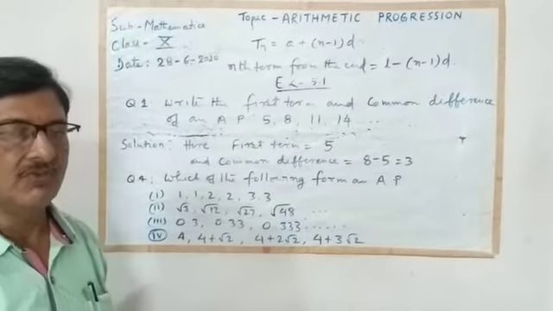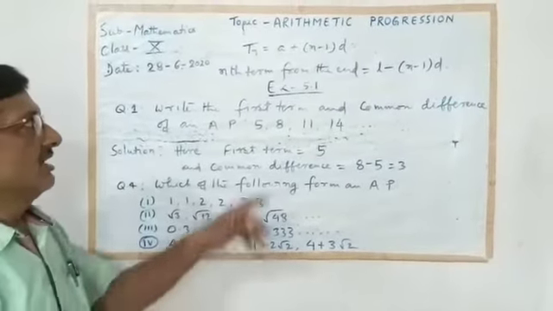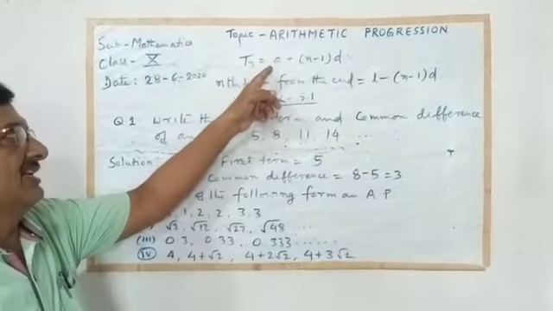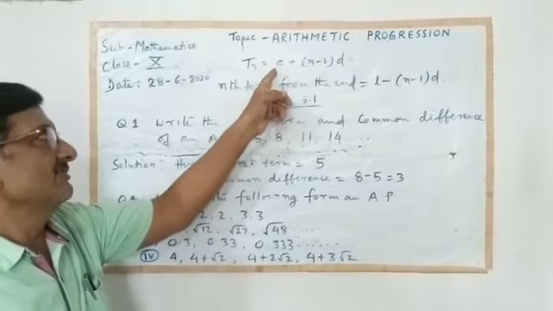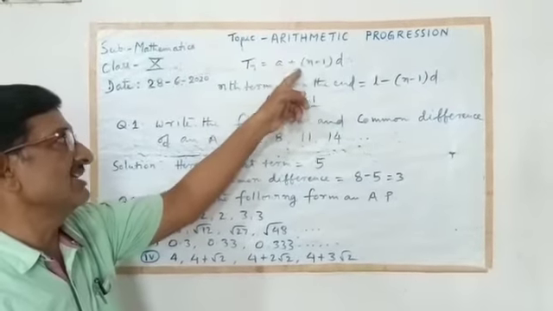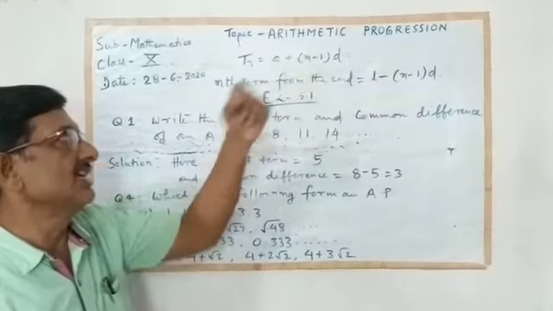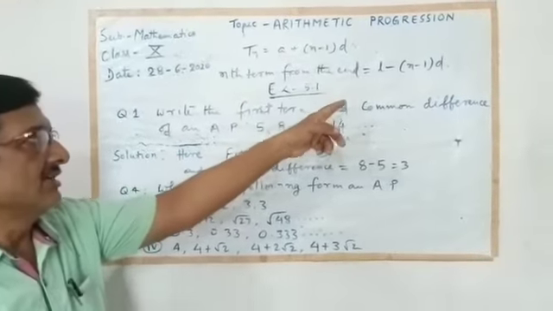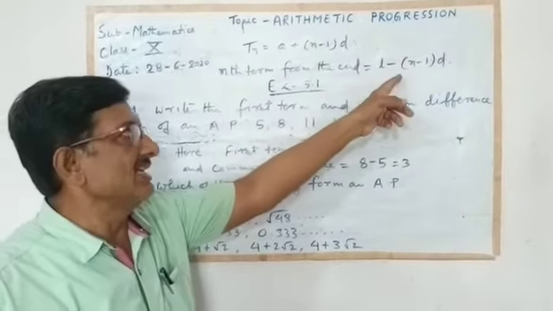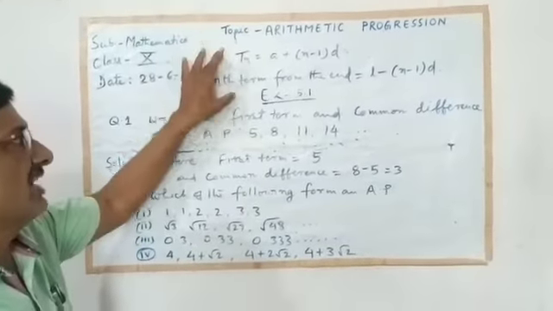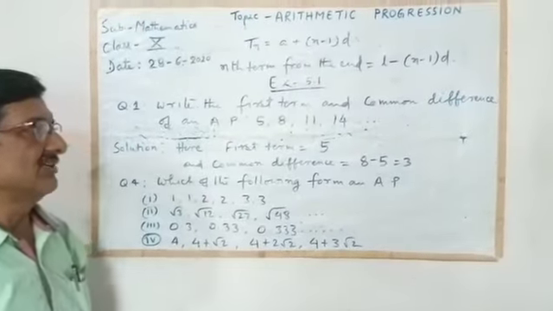Till now, we have learned that the nth term of an AP is obtained by using the formula A plus (n minus 1) into D, and the nth term from the end is equal to L minus (n minus 1) into D. So by using these formulas, we can find the required term.